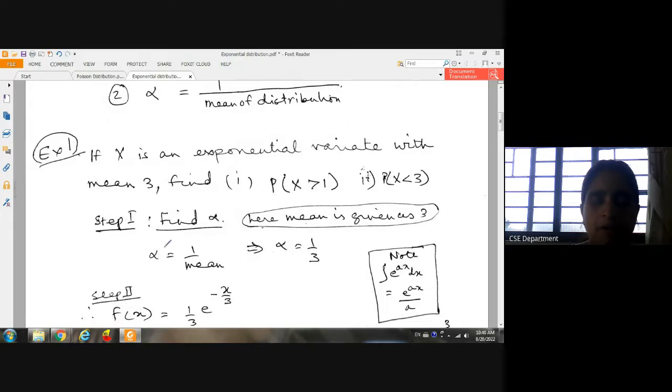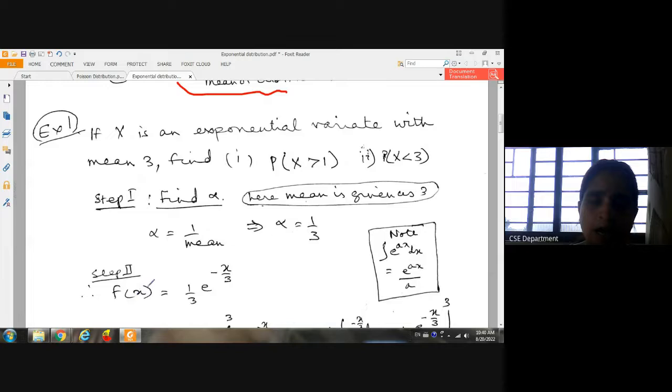So here, find the parameters. You have to find alpha. Alpha is the reciprocal of the mean. Mean is 3, so alpha is 1 by 3. So f(x) is 1 by 3 into e power minus alpha x, that is 1 by 3 into e power minus x by 3.